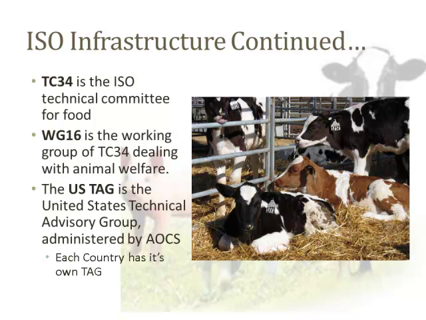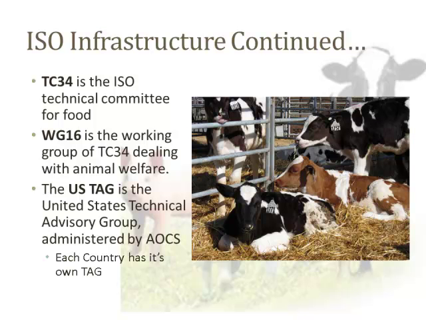So the ISO committee structure is broken down into technical committees, which are known as TCs. So TC34 is the Technical Committee on Food Products, from which the working group on food animal welfare resides. In order to participate in the working group, 16 experts from the United States formed a technical advisory group, or a TAG, that has to work through AOCS, that Chemist Society group, because they're our designated administrator and liaison organization.